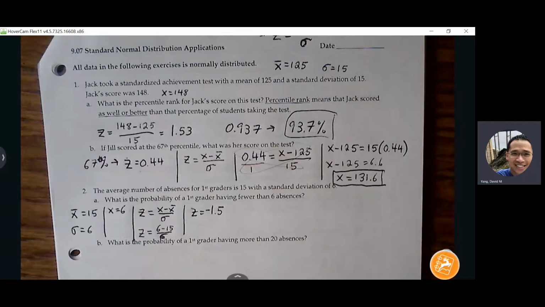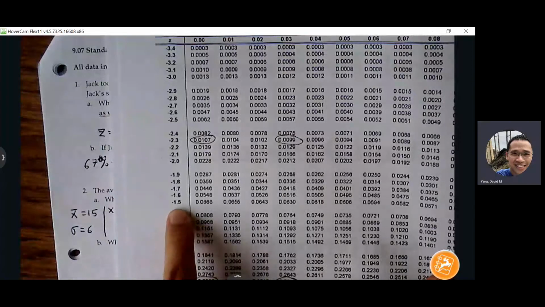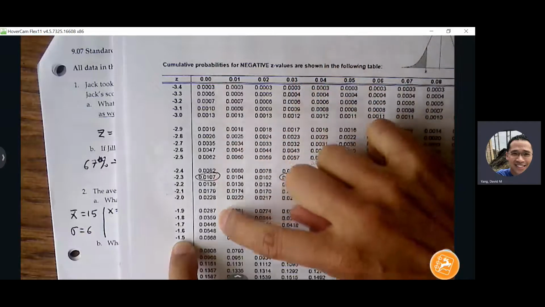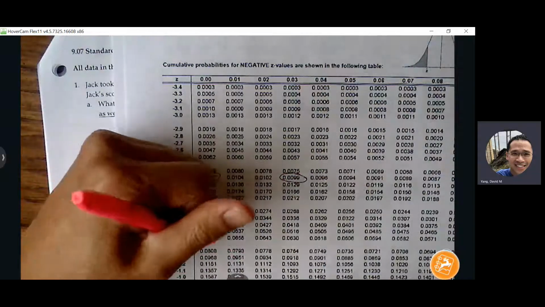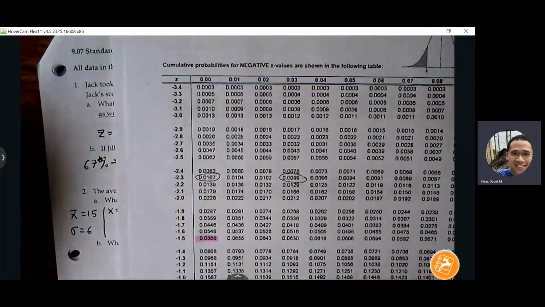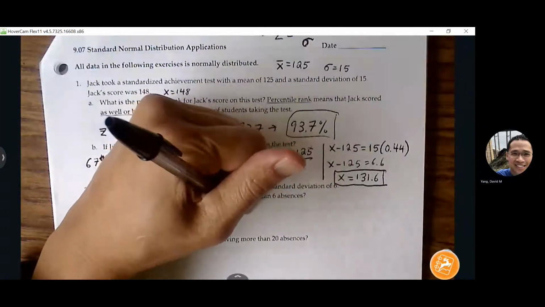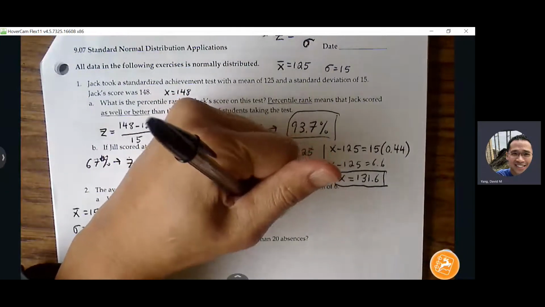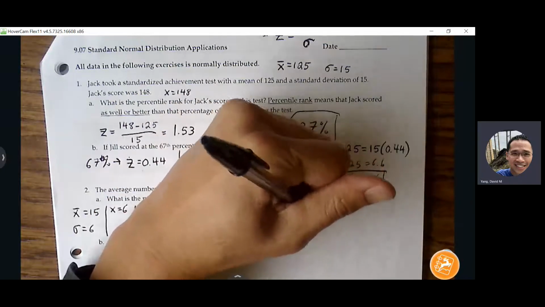Negative z-score, so we go to our table. Negative 1.5. Think of negative 1.5 as negative 1.50, so it's going to be the first column there. But 0.0668. So we write it this way: the probability that a student has less than or equal to 6 absences is going to be 0.0668.